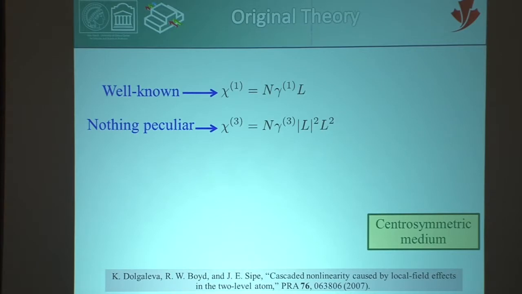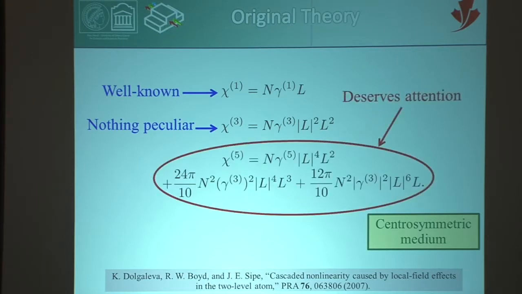Here we have Chi3 scaling as the atomic density and proportional to the third order hyperpolarizability, which is Chi3 per one dipole in the medium, and the absolute value of L squared times L squared. That's all normal. And finally, Chi5.